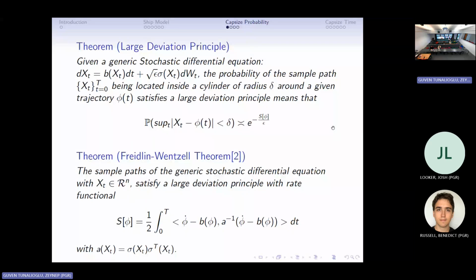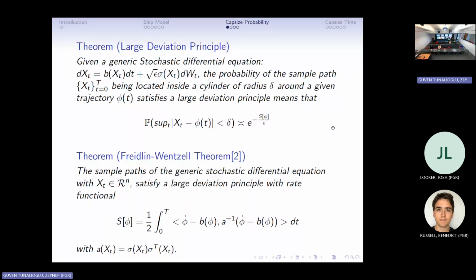probability rate. So we use this large deviation principle to describe the probability rate, where if we want to observe such kind of event, a capsize event, the probability scales like exponential to the minus S over epsilon, where epsilon controls the strength of the noise added. And what is S? S is a functional called the rate functional, taking this form here.